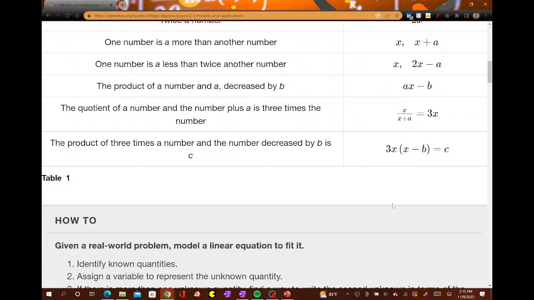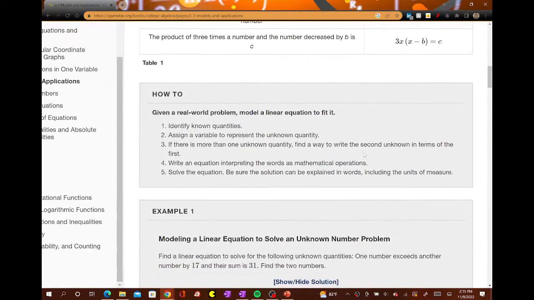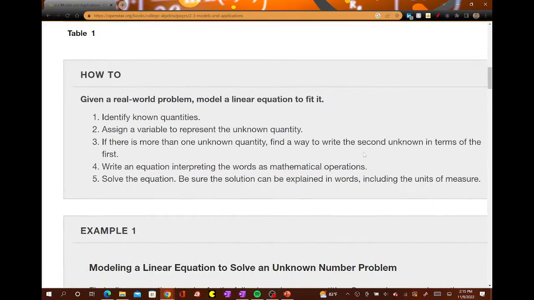And then the product of 3 times a number, 3x, and the number decreased by b, so 3x times x minus b, is equal to c. Using all of this, we're going to learn how to write linear equations given these mathematical expressions.